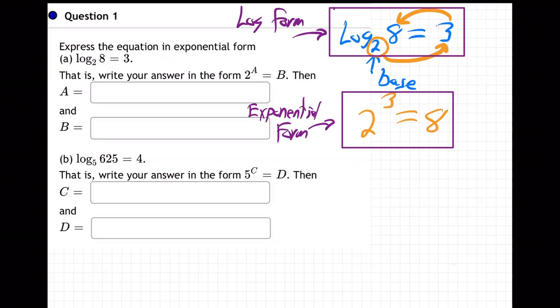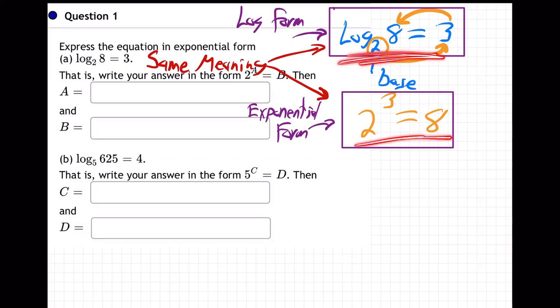But they're saying the same thing. They have the same meaning, just like if I say one or uno, I mean the same thing. Those 2 expressions mean the same thing in 2 different languages. One of them in log language, one of them in exponential, meaning power, right? Exponents are powers. Exponential language.